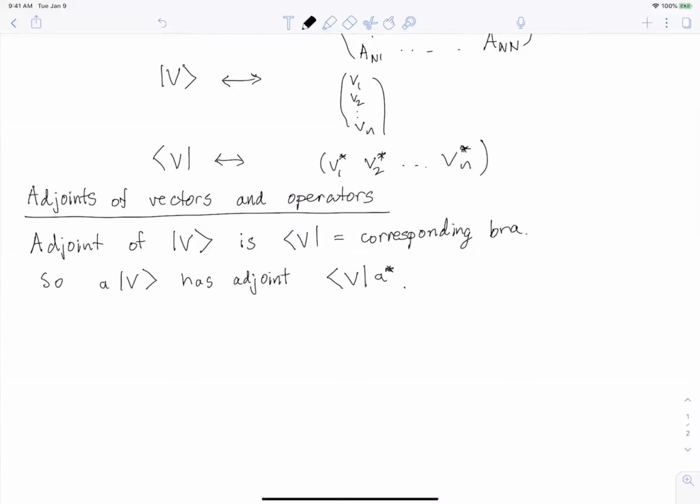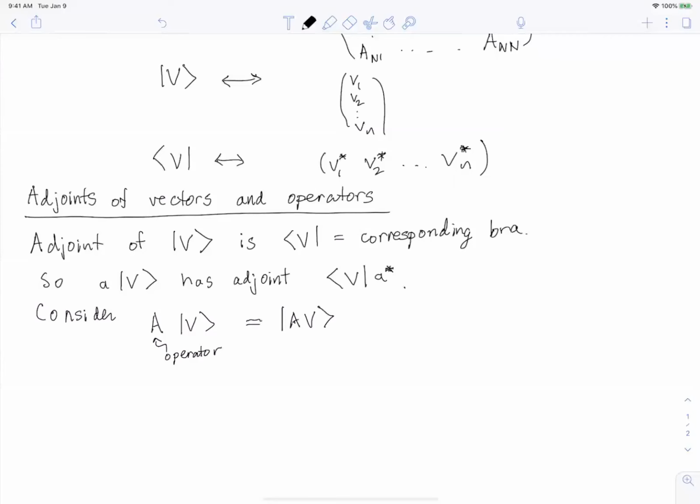Okay, now consider what happens if you have an operator A acting on a ket. So now this is an operator. So one way I can write this is I can just agree as a matter of notation to write this as AV within the ket.